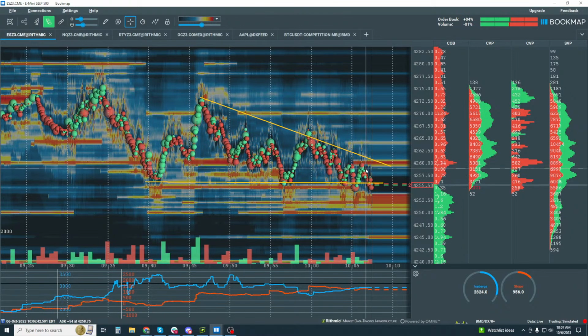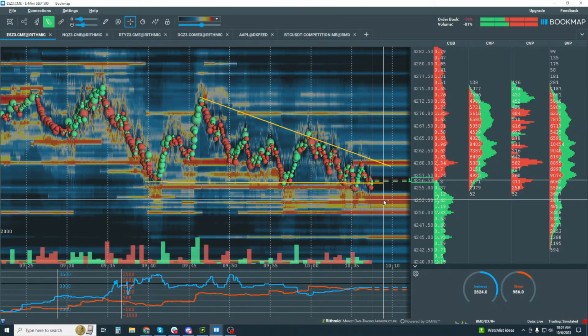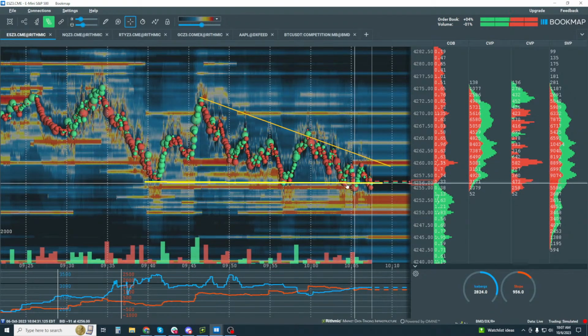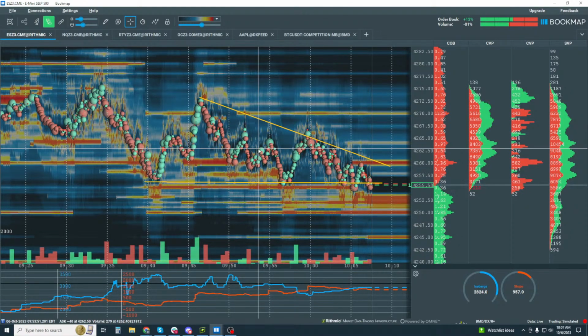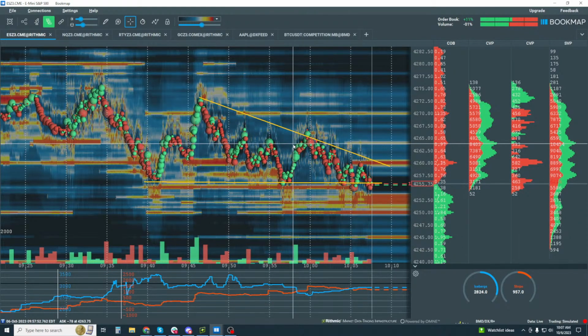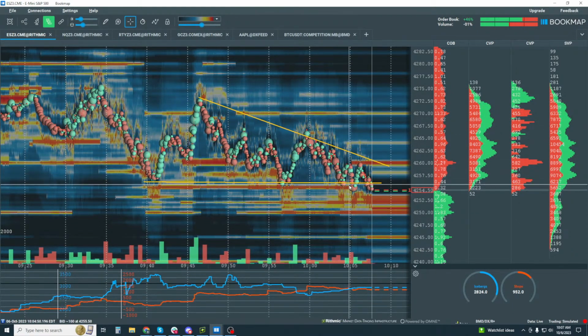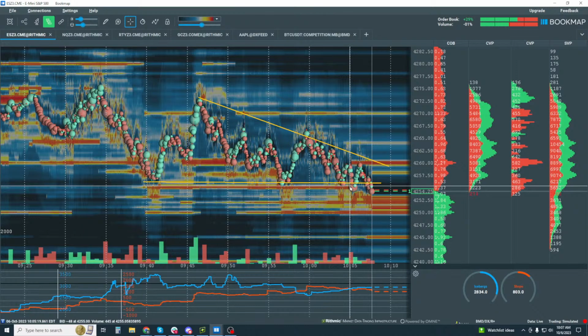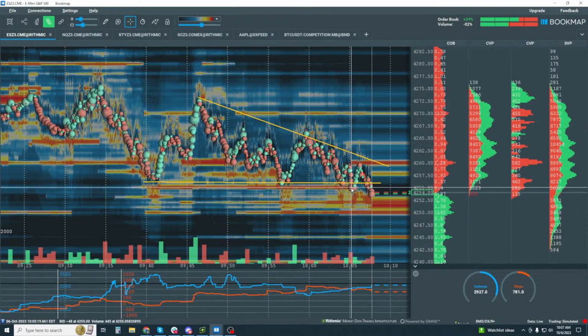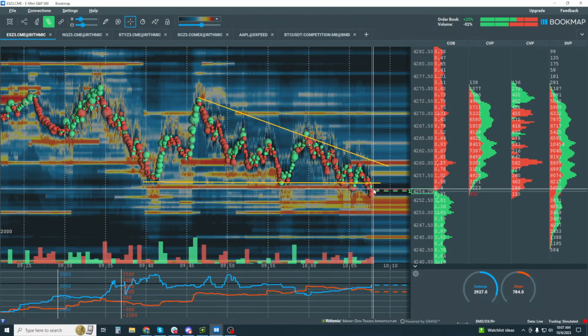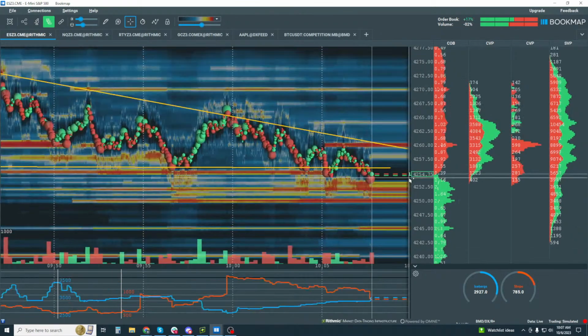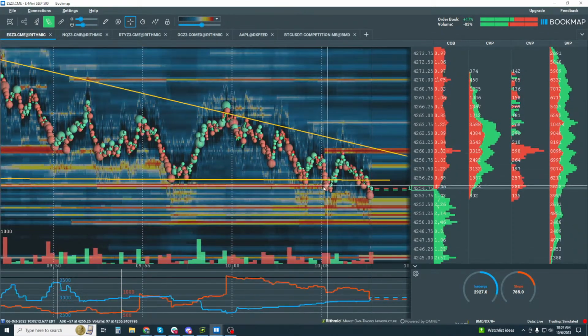So the pattern dictates we're going lower. Now what does the volume and the liquidity tell us? Well, it makes this pattern a lot less likely, or we have reasons to believe that this pattern will fail here. So I would just stay away from this pattern.